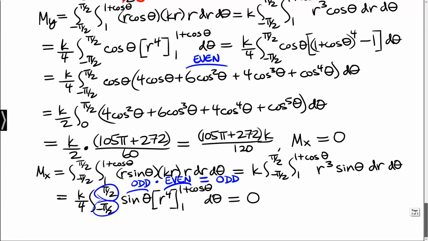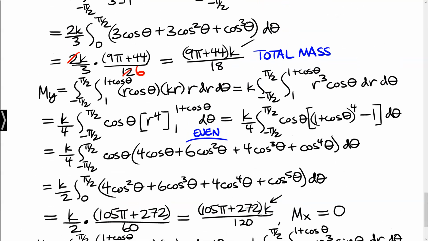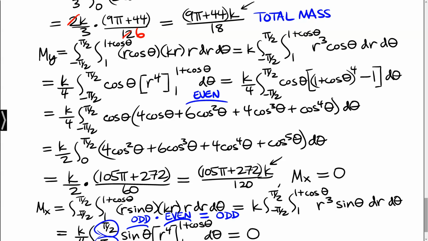Okay, so the only thing really to figure out here, we know that the y-coordinate is going to be 0, because the y-coordinate is mx divided by the mass, so that's got to be 0. But the x-coordinate is going to be this mess right here, divided by the total mass, which was also another mess up here. Now, notice when you divide those, the k's are going to cancel out.